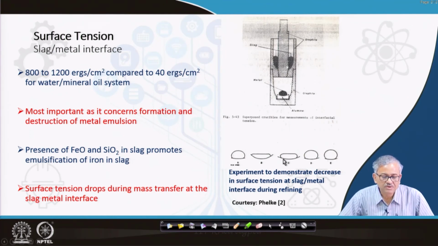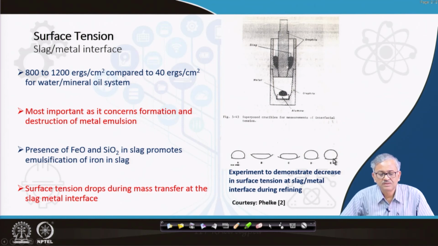And then you can see now again the surface tension is increasing, because as the mass transfer is decreasing, you can see the contact angle increasing. Here again the contact angle has increased significantly, okay.